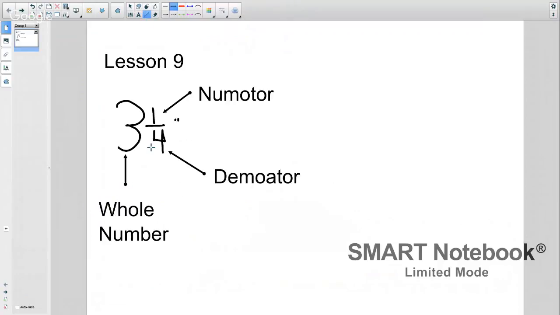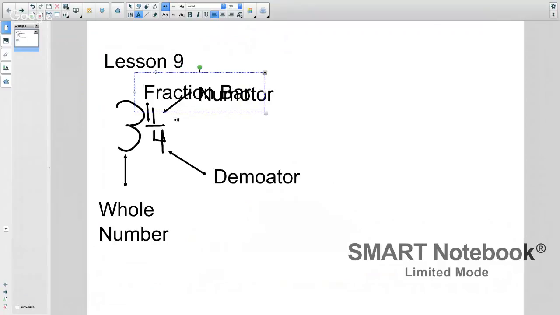And now this is called a fraction bar. It's called a fraction bar.